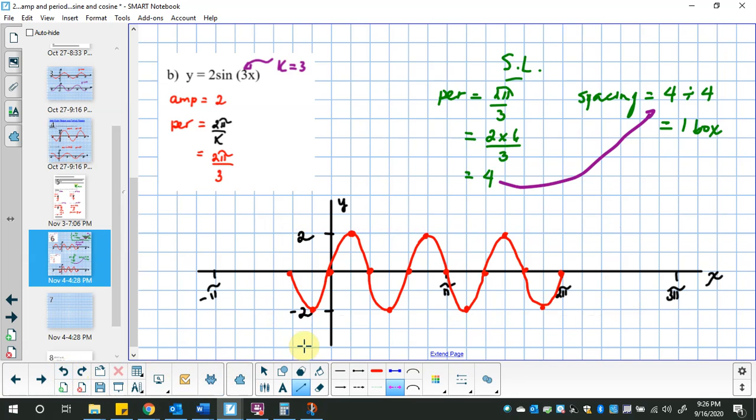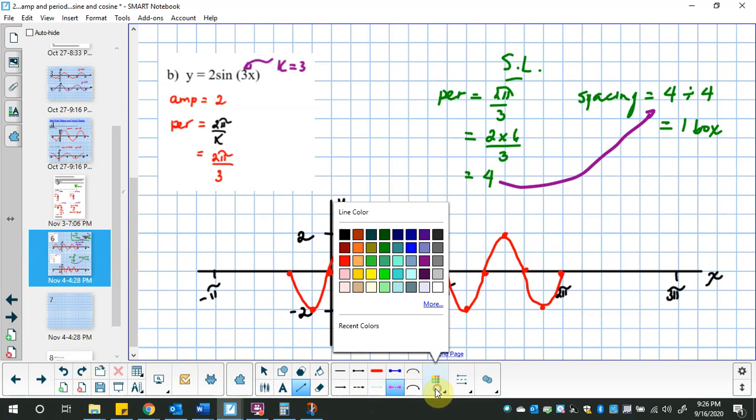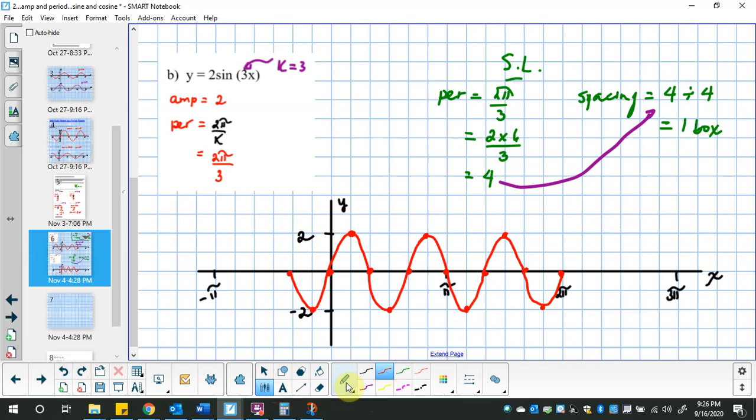Now, just for fun, I'm going to dig out the highlighter. This highlighter, let's use blue. Start at 0, color my way all the way to 2 pi. How many cycles do we have? 1 complete cycle, 2 complete cycles, 3 complete cycles.